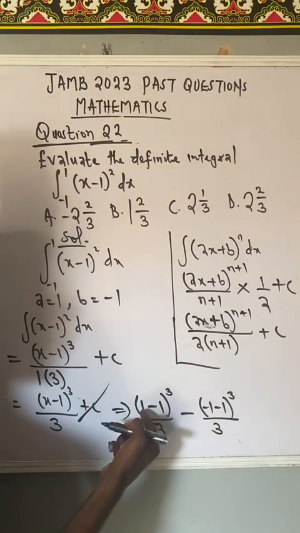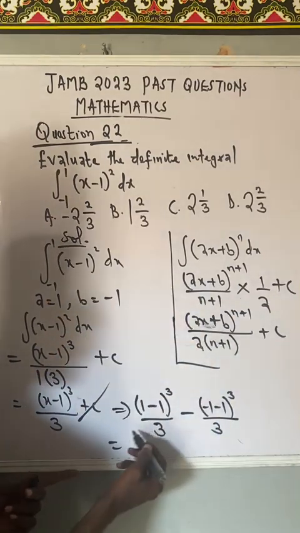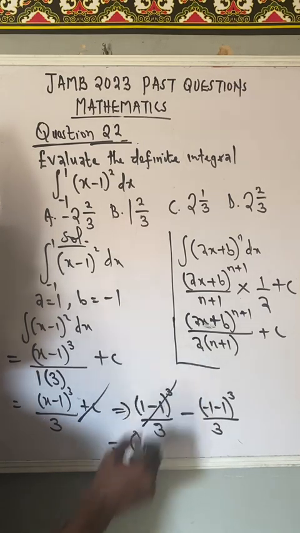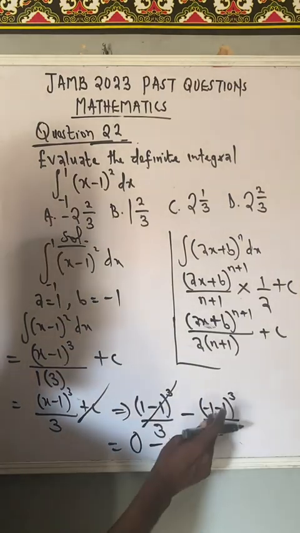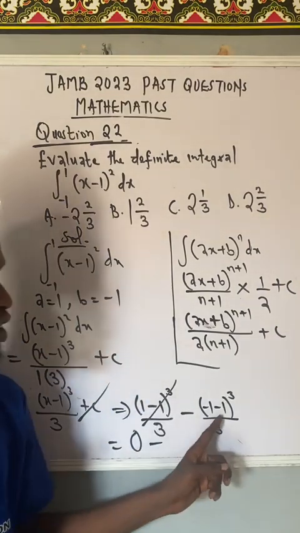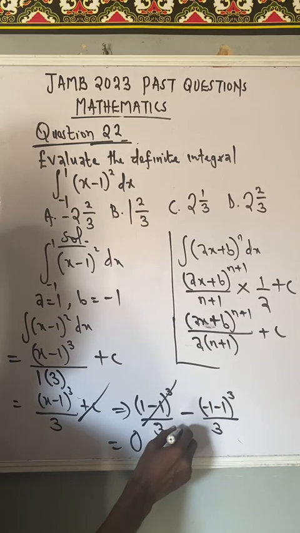So from here, 1 minus 1 will give me 0. 0 cubed is still 0. Divide 0 by 3, it will still give you 0. That means everything here is equal to 0 minus, and minus 1 minus 1 will give me minus 2. Minus 2 raised to the power of 3 will give me minus 8.